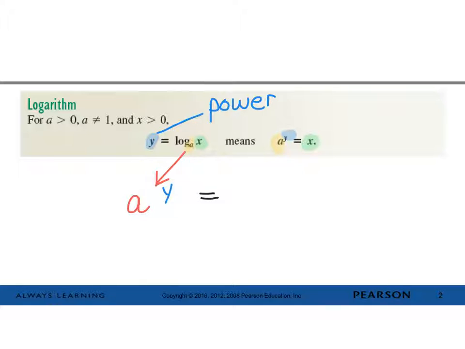The result actually moves to the other side of the equal sign. It swaps places, so to speak, between x and y.